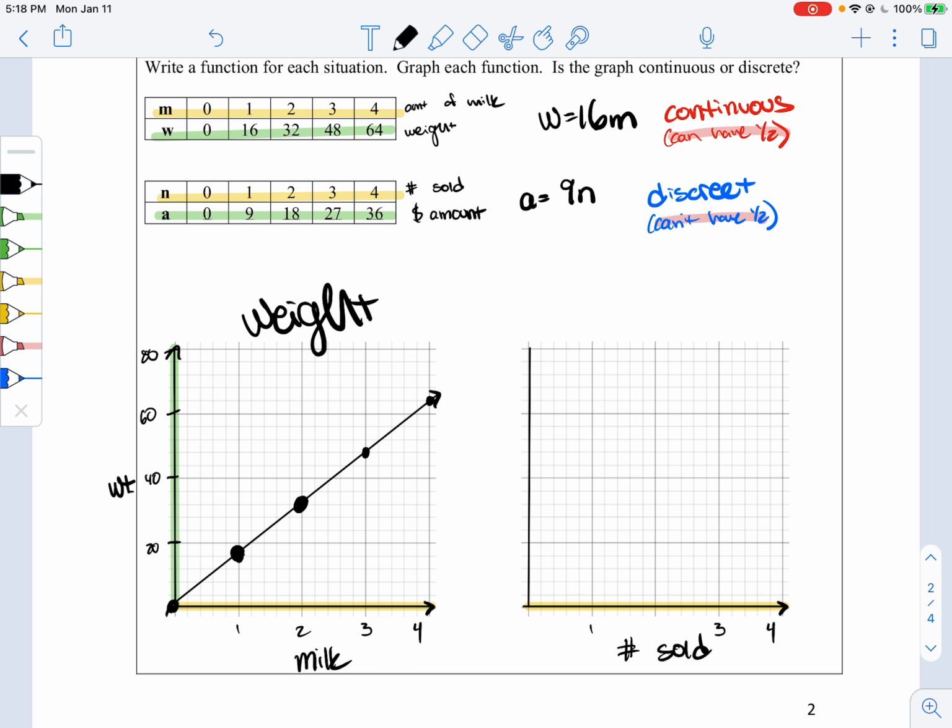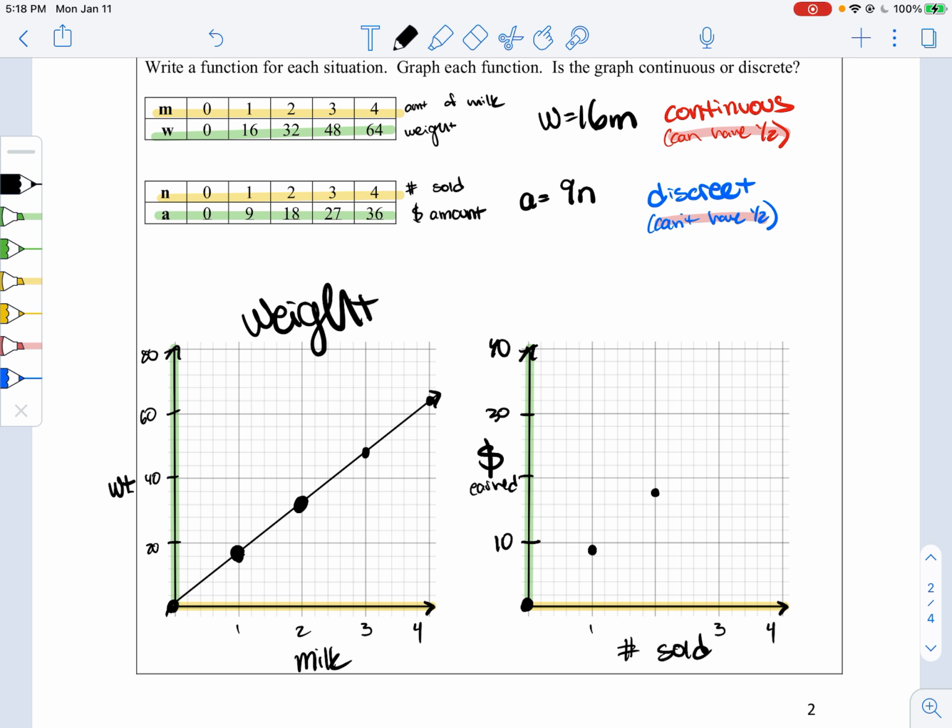And then up here we've got the dollar amount earned. Oh, good thing that's green, because dollars are green. Dollars earned. Nice. That goes up to almost 40. So make that 30. That's 20. And that's 10. So if we sell 0 cheeses, we get $0. We tried. Sell 1 cheese, we get $9. Sell 2 cheeses, get $18.